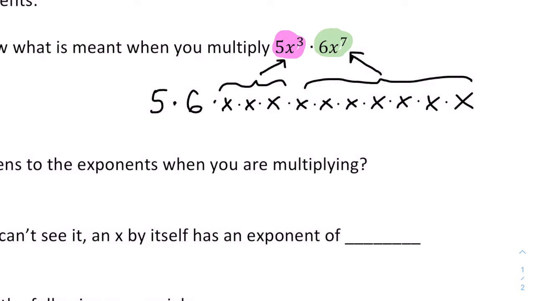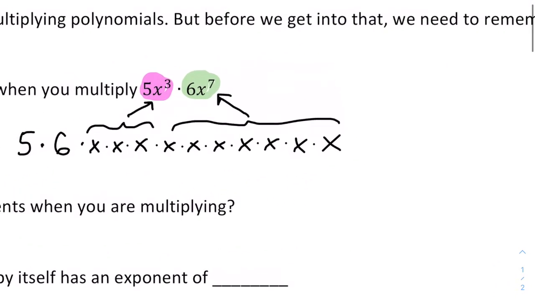I've put the two numbers next to each other, the 5 and the 6. We call those numbers coefficients, and they are next to each other because we're going to multiply them together. So when we multiply them together, what we get is 30, right? All right, so 5 times 6 is 30.